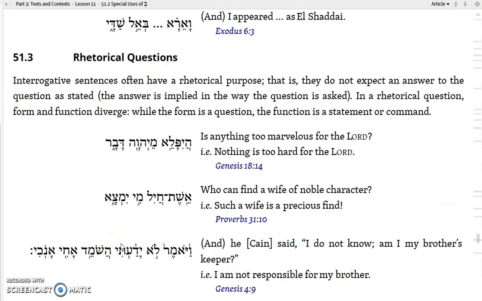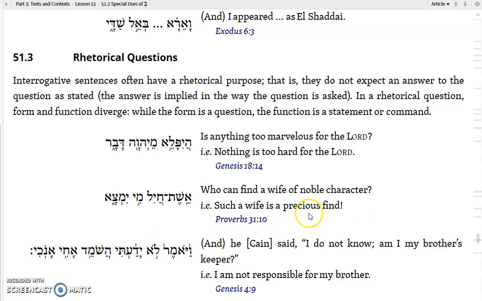Move on to 51.3, rhetorical questions. Interrogative sentences often have a rhetorical purpose, that is, they do not expect an answer to the question as stated. The answer is implied in the way that the question is asked.